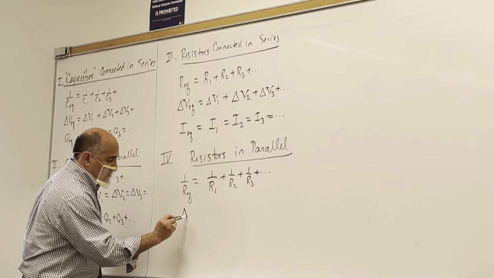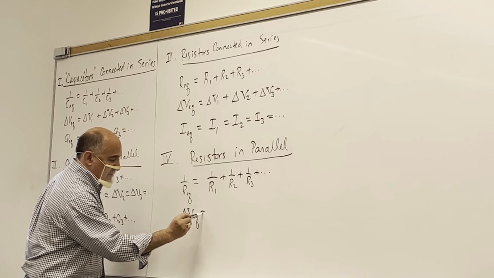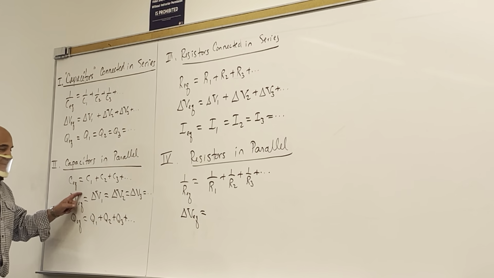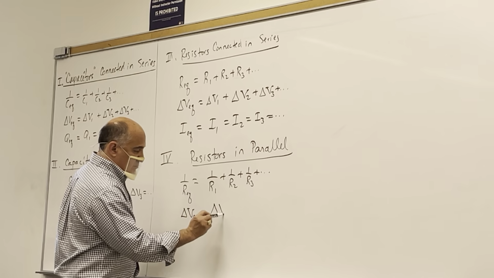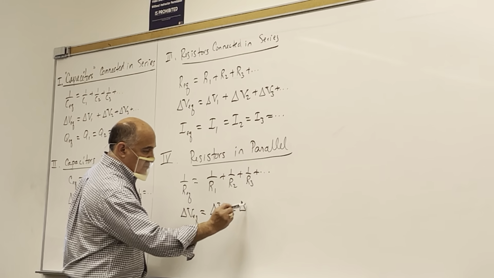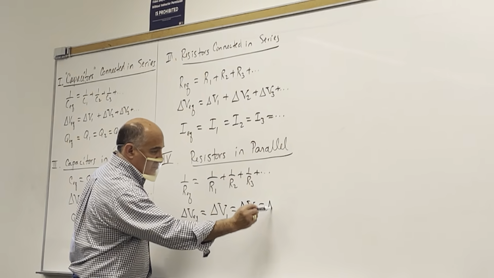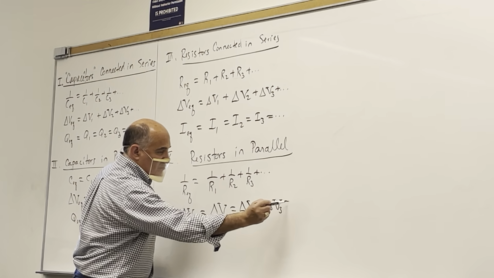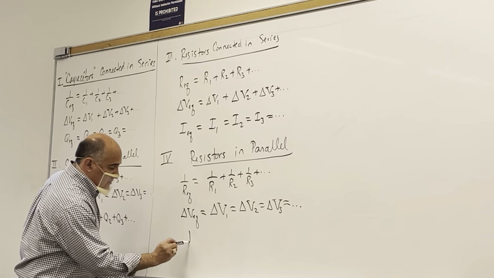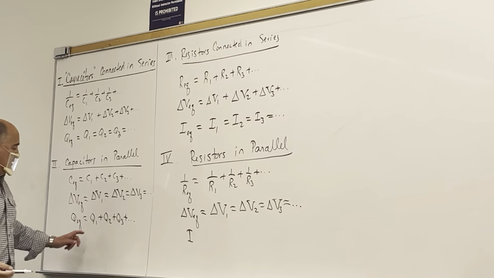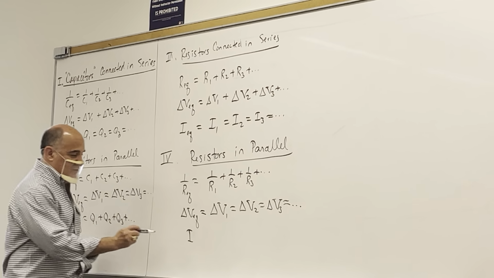And the voltages, when they are connected in parallel, are the same as when capacitors are connected in parallel. They're all the same. And for the currents, in this case, you just add up the currents.